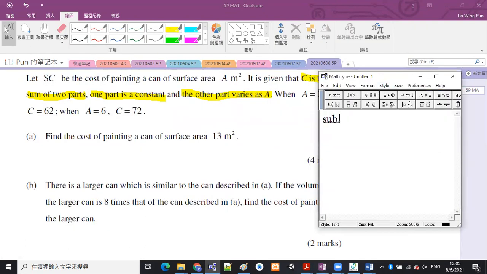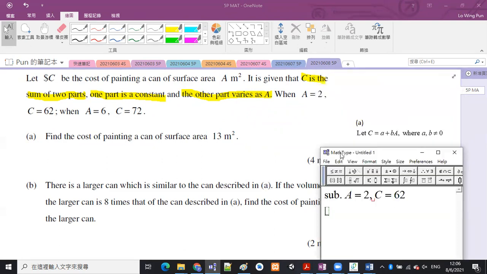Then our equation is C equals small a plus small b times A. It becomes 62 equals a plus b times 2. And then normally I will write the unknowns on the left-hand side. So that is a plus 2b equals 62. And that is our equation 1.